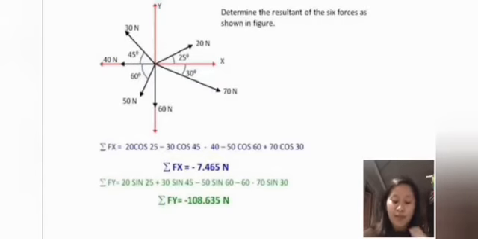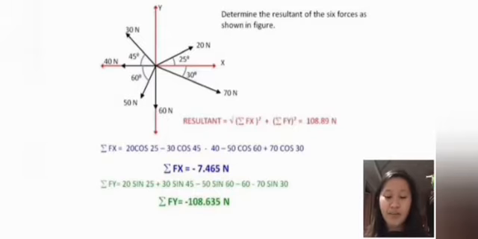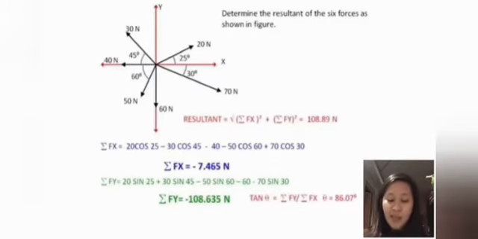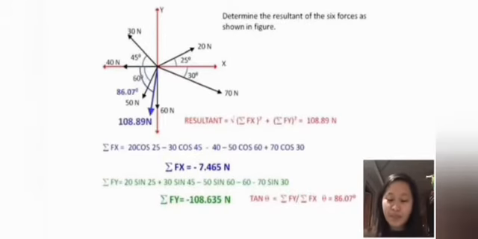So what we have here are the sigma fx and sigma fy, which are actually the x and y components of the resultant, or the equivalent force. To find the magnitude, we square them, add them, and take the square root. So what we get is 108.89 Newton.